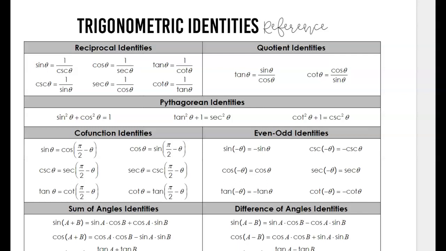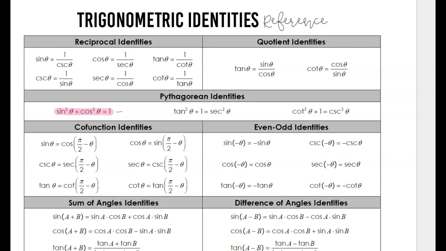However, if you look at the Pythagorean identities, we have sine squared of theta plus cosine squared of theta equals 1. If I just move the cosine squared of theta over to the right-hand side by subtracting it over, this becomes sine squared of theta.